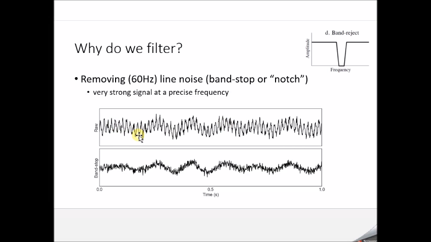So if we perform a notch or a band stop filter at 58 to 62 Hertz, then that will completely remove this very high amplitude, high frequency sinusoidal signal, and we'll just be left with the low frequency component, as well as still the high frequency noise in the signal.